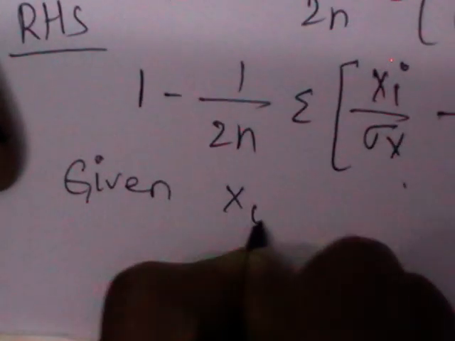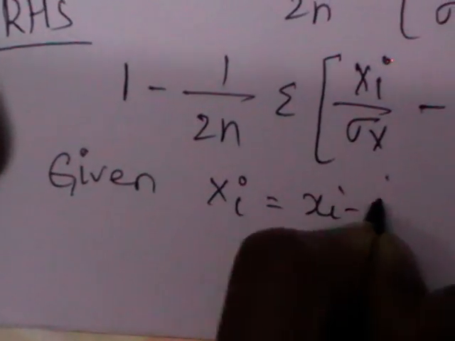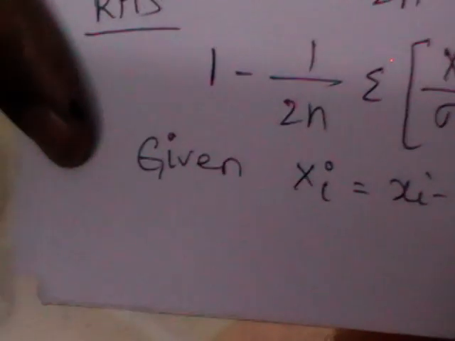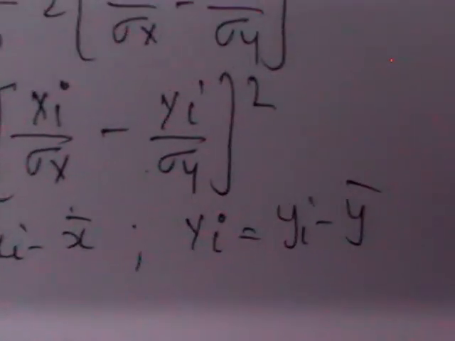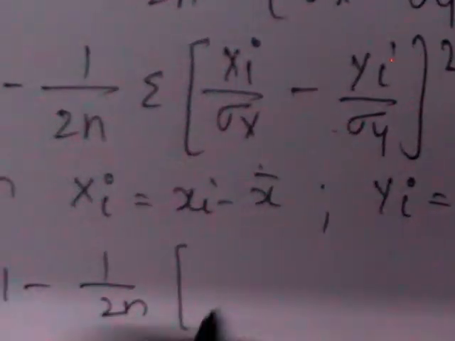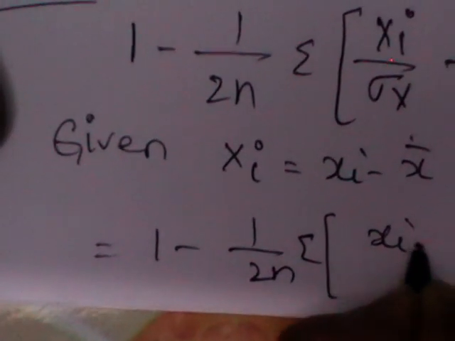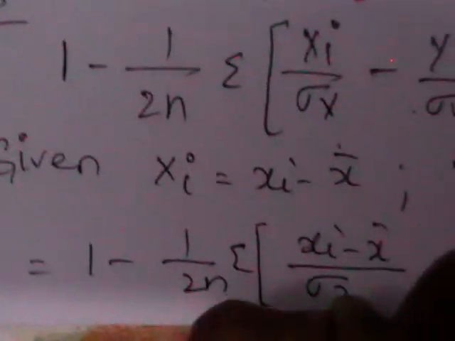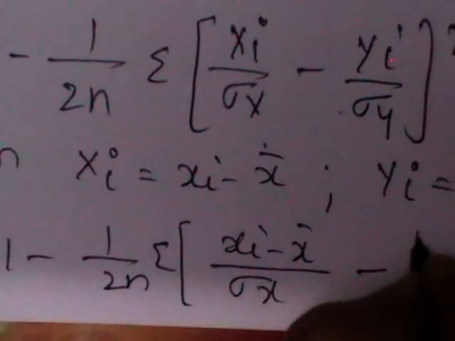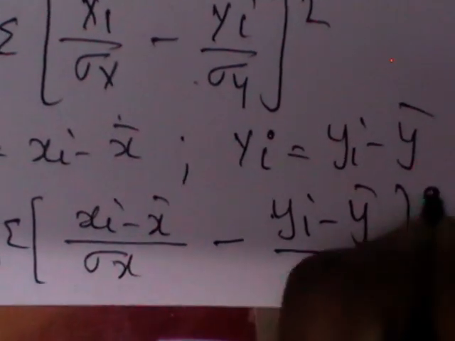Given Xi is equal to xi minus x bar and Yi is equal to yi minus y bar. So let us substitute corresponding capital Xi with xi minus x bar, and sigma x minus yi minus y bar by sigma y, whole square.